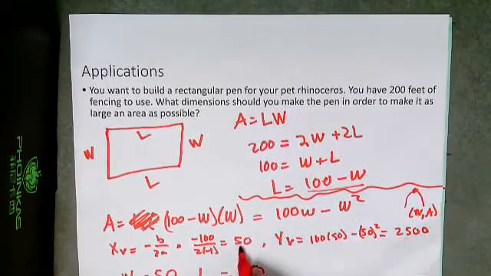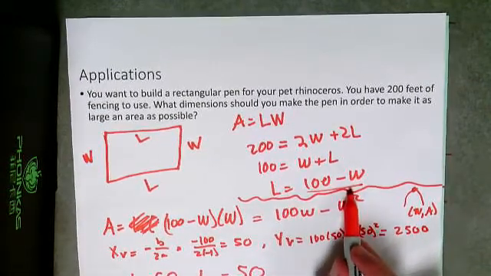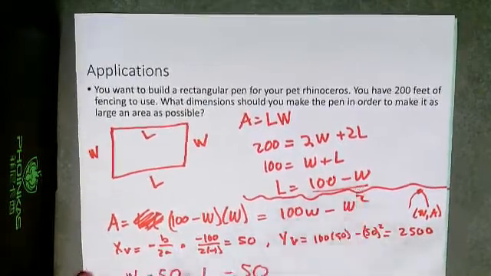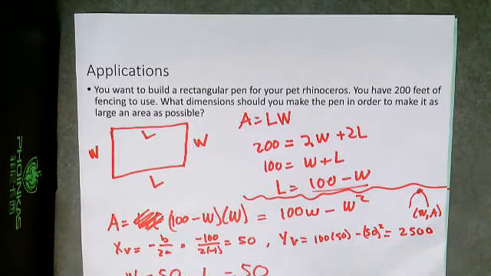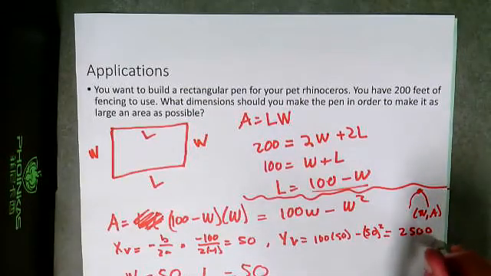If w is equal to 50, we come back up here and we see that L is equal to 100 minus w. 100 minus 50 gives you 50 again. So width is equal to 50 and length is equal to 50. Those are the dimensions you should make the pen in order to make the area as large as possible, which happens to be 2,500 square feet.